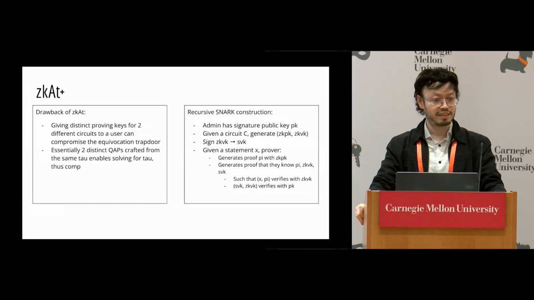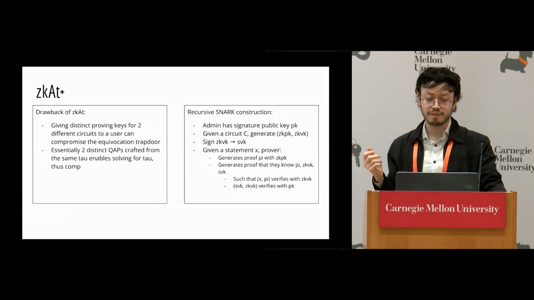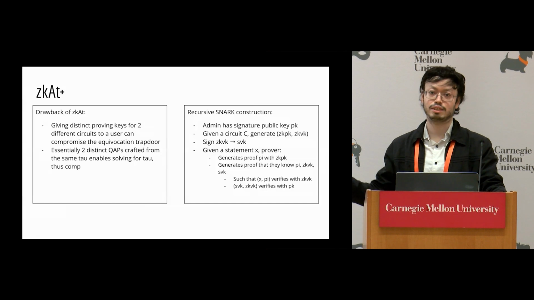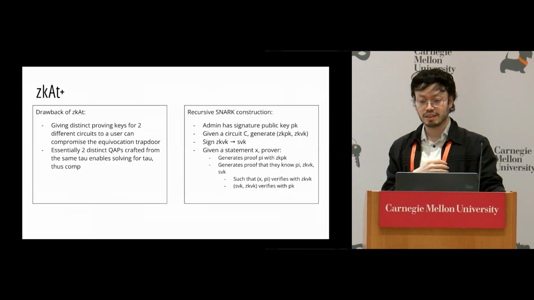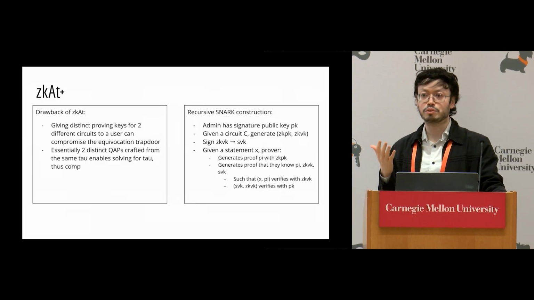But we construct another system called zkAt plus using recursive snarks, which also addresses this issue. So what zkAt plus gives you is the ability to give multiple verification keys without interfering with the soundness of these proofs.